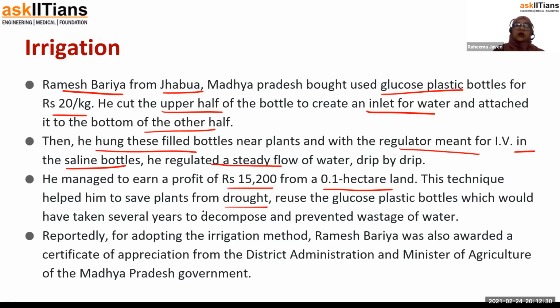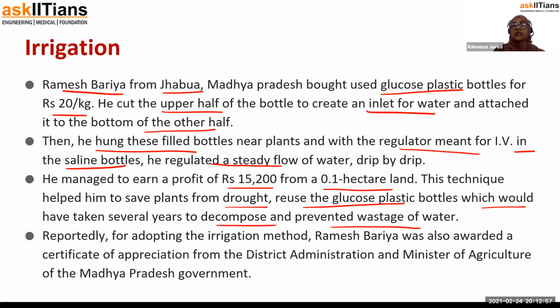Because, like I said, monsoon patterns are changing. A lot of farmers who depend on monsoon for their crop production are at a loss because of no rain. He reused the glucose plastic bottles, which would have taken several years to decompose, and it also prevented wastage of water.